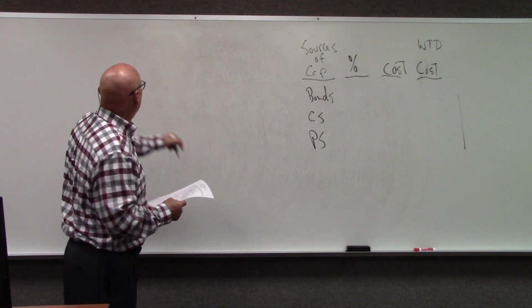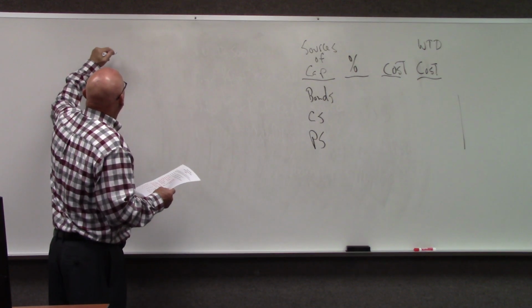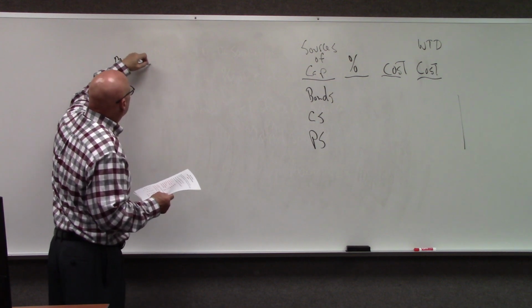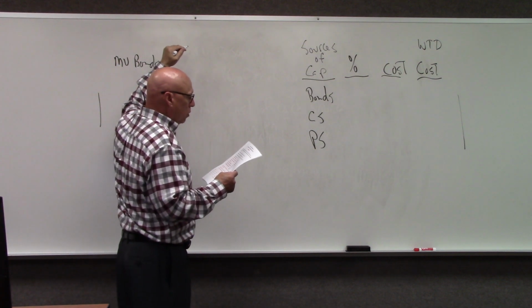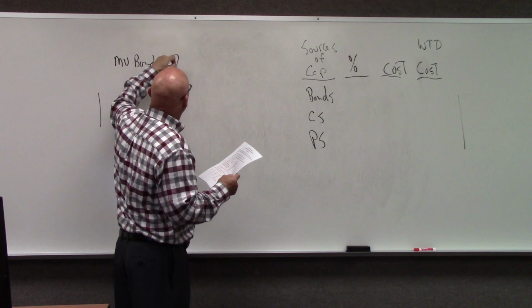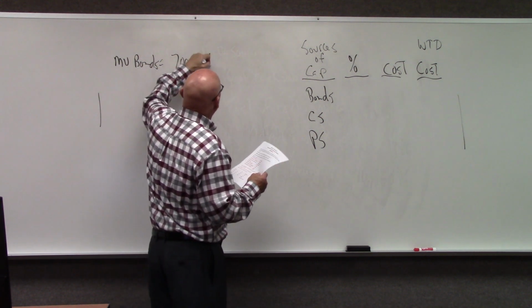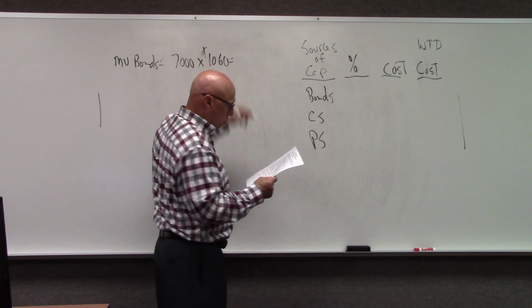So let's find the proportions. The market value of bonds is equal to 7,000 times 1,060. That's the market price. We got 7,000 bonds outstanding.